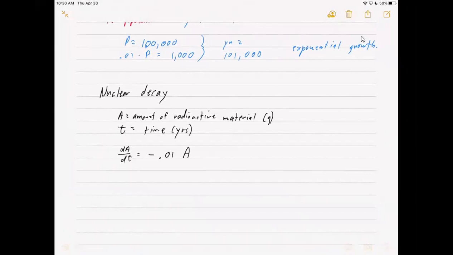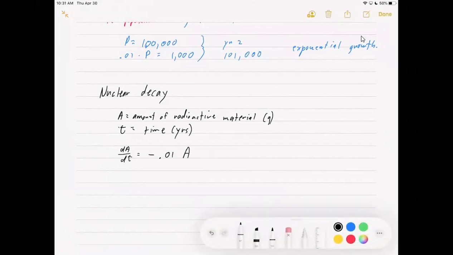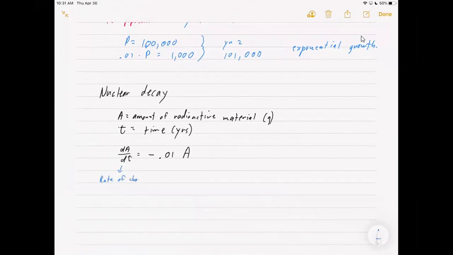So what is this going to do? It's going to do something very similar to the last case. The rate of change in radioactive material depends on the amount of material.